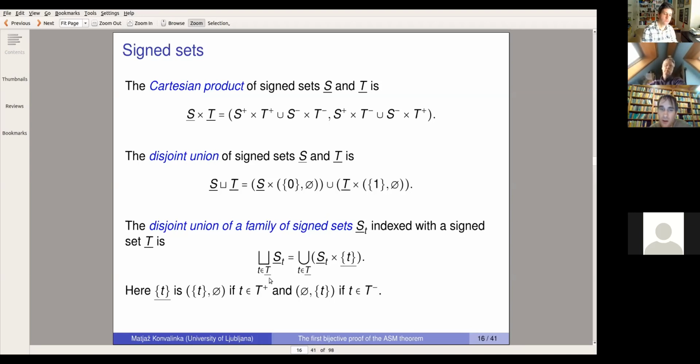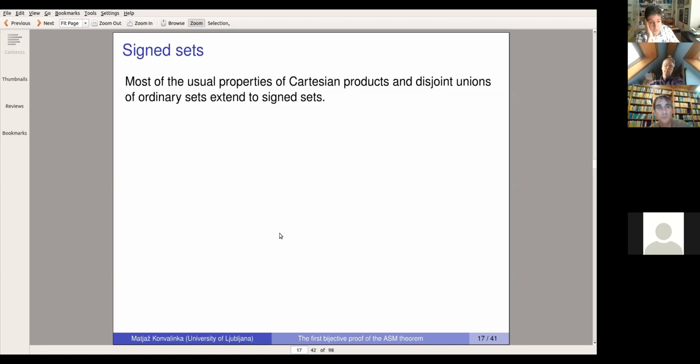So what does that mean? It just means, well, if an element in the indexing set is negative, there's going to be a minus. So it's very simple, but as I said, this really was a crucial observation. Most of the usual properties of Cartesian products and disjoint unions extend to signed sets, like associativity, distributivity, and commutativity. You can prove all of those very easily.